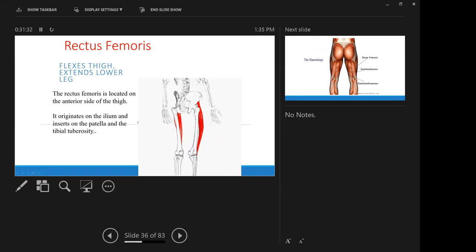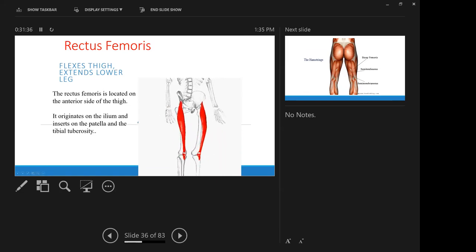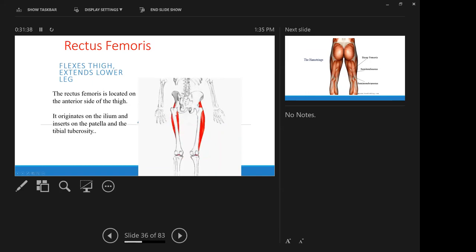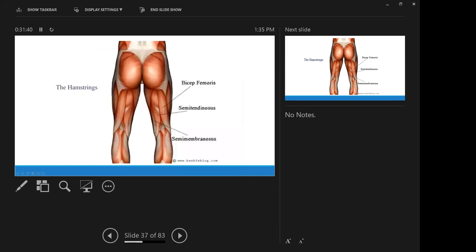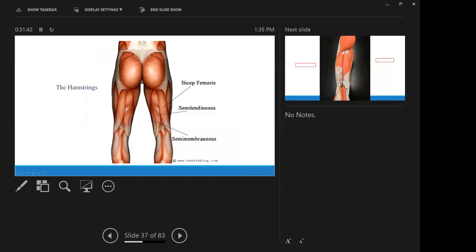Now, the antagonist to the rectus femoris, and the antagonist to all the quads, is the hamstrings. These 3 muscles on the posterior side of the leg, we have the biceps femoris, the semitendinosus, and the semimembranosus.